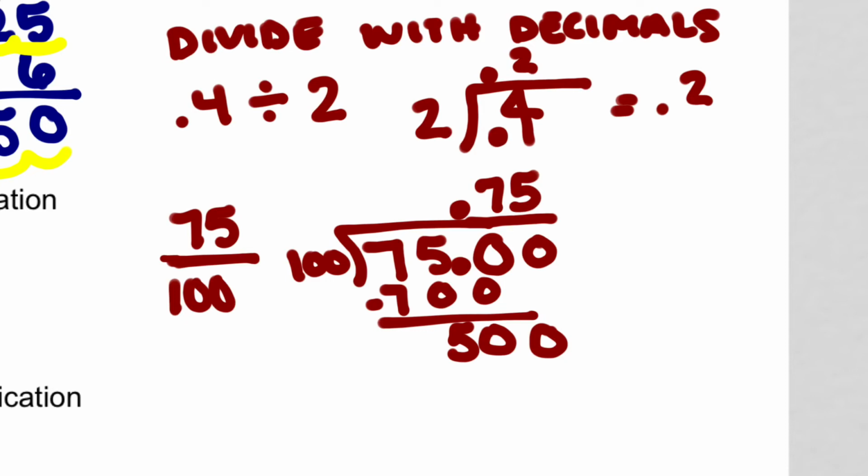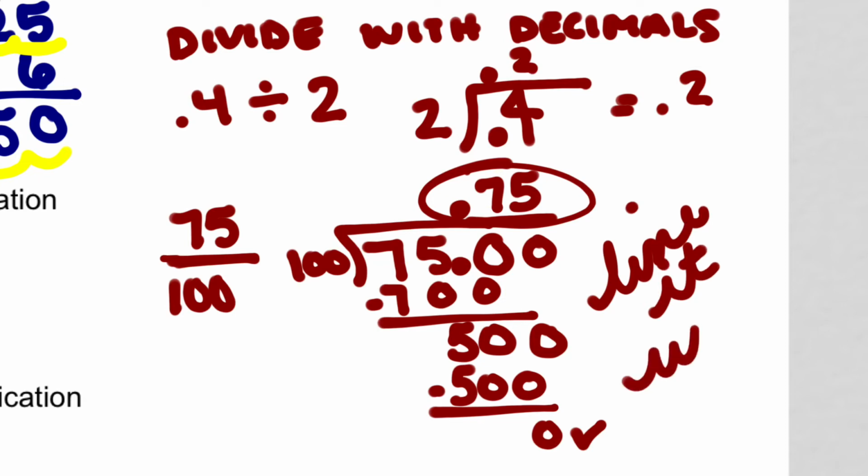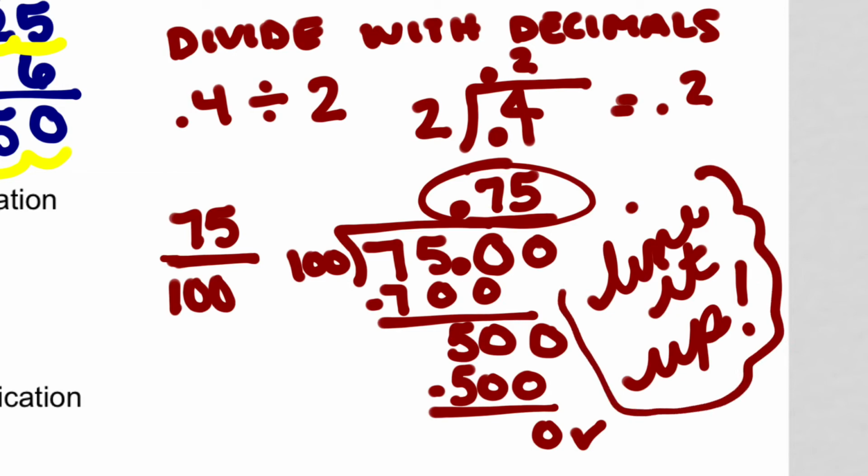That is 5. 5 times 100 is 500. Now when I subtract, I get no remainder, so I know I'm done, and my answer is 0.75. So when we're dividing with decimals, we need to remember to line it up. I think that's where some of the only mistakes really came from with that.